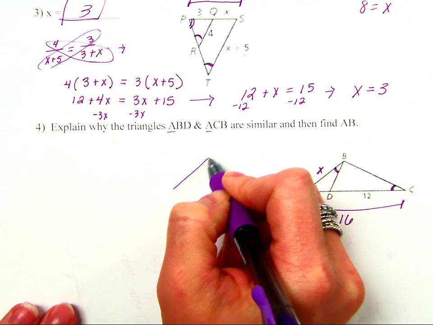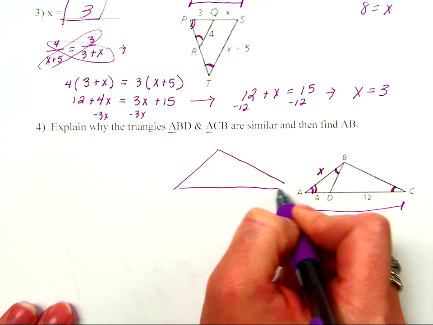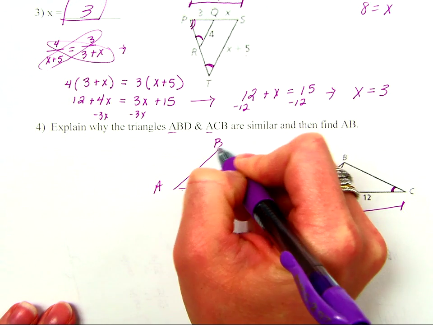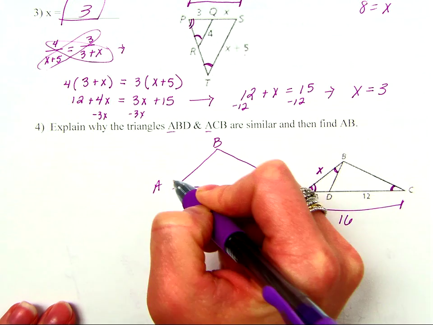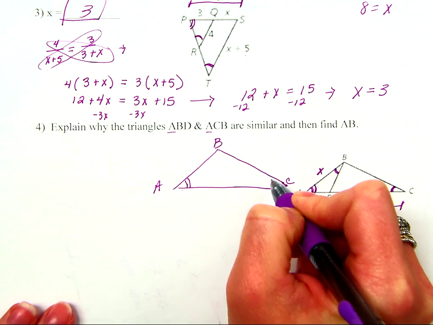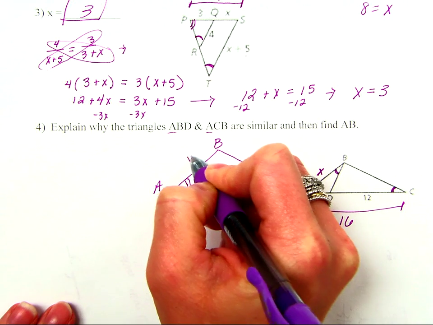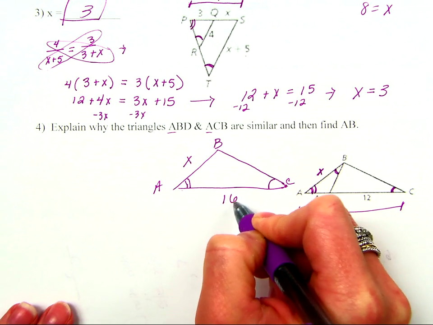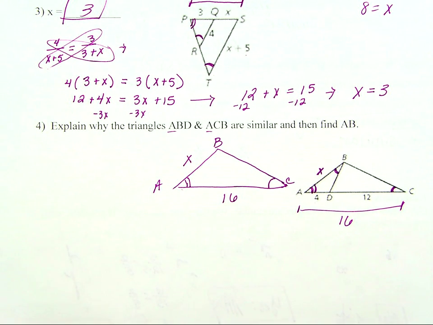If I had my large triangle, ABC, this is kind of what I'm looking at for my triangle ABC. Now I'm going to take my triangle ABD and I'm going to rotate it and I'm going to reflect it so that they're in the same orientation.